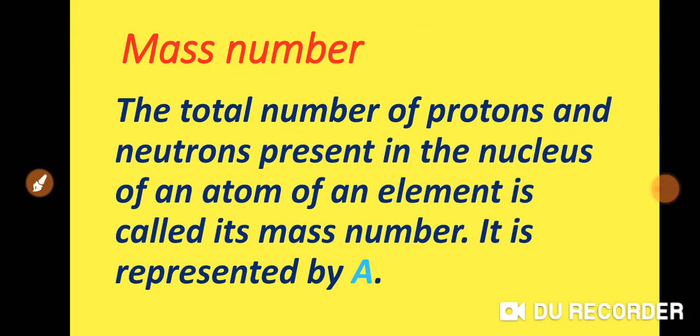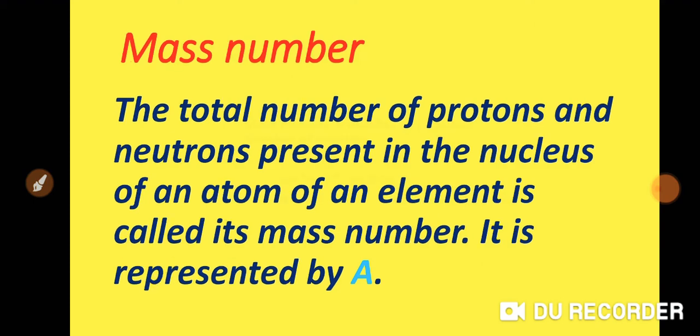Mass number is the total number of protons and neutrons present in the nucleus. It means mass number is the sum of the number of protons and the number of neutrons present in the nucleus of an atom of an element. It is represented by capital A.